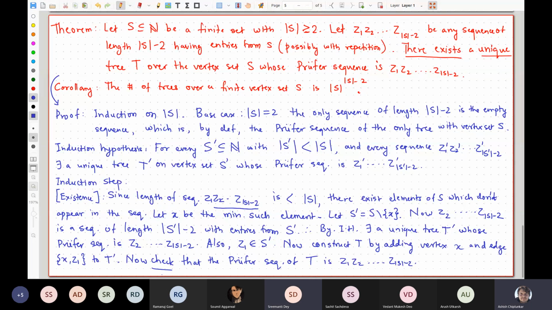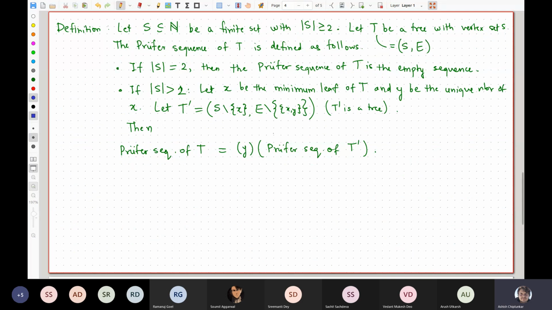I was asking that we said here we are not using strong induction, we are using only induction. We took the elements of S which do not appear in the sequence, and we took X as the smallest element. Why did we remove Z1? No, we did not remove it. We removed Z1 from the Prufer sequence, because that's how we define the Prufer sequence.